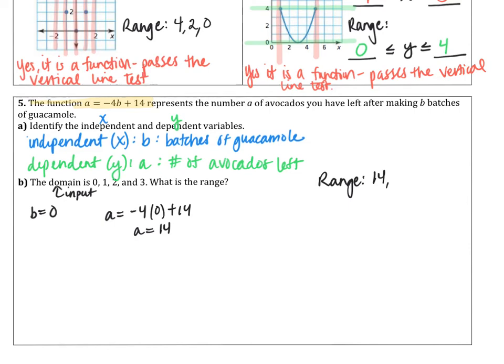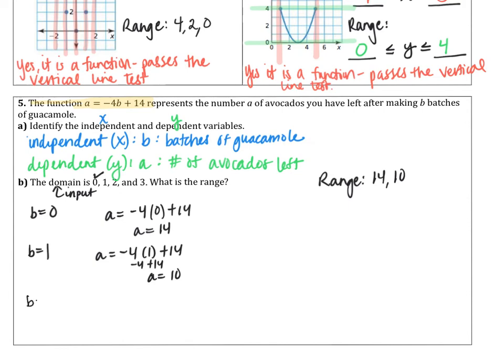What if B equals 1? -4 times 1 plus 14, -4 plus 14, A equals 10. So now I have another output. What our range is depends on what our domain is, which is why y is the dependent variable and x is the independent variable. We input these values to get a specific output, one unique output.